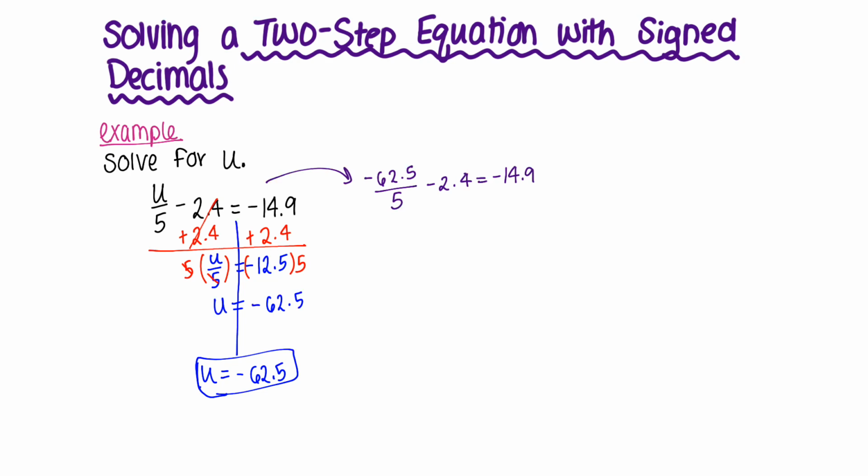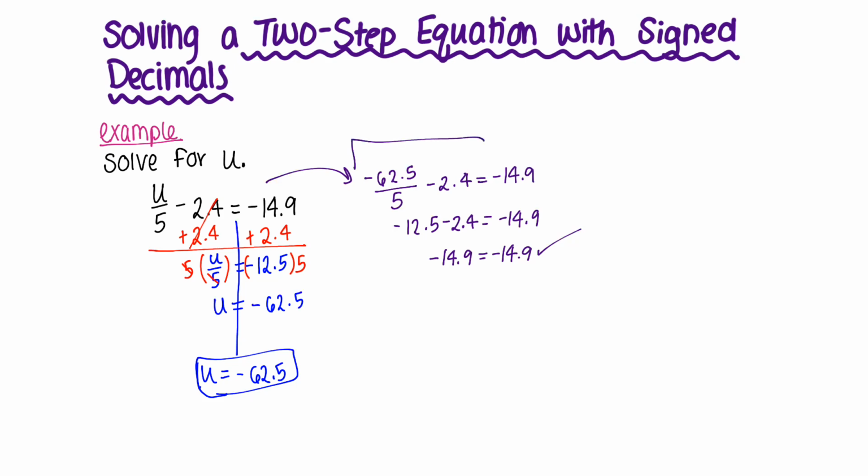On my calculator, I will do negative 62.5 divided by 5, and I get negative 12.5 minus 2.4 is equal to negative 14.9. If I do negative 12.5 minus 2.4 on my calculator, I get negative 14.9 is equal to negative 14.9, which is exactly what I wanted, so I know my answer is correct.